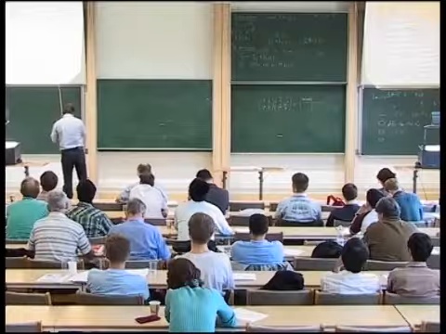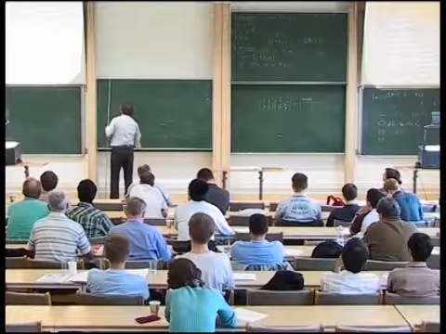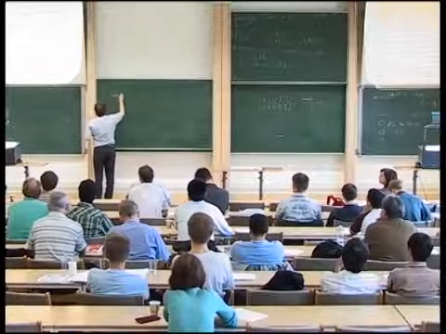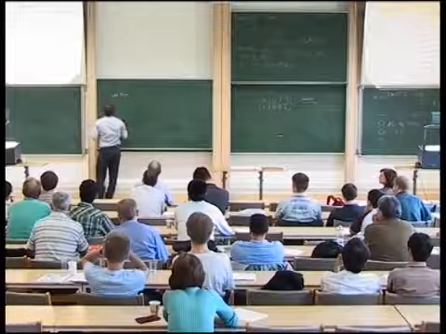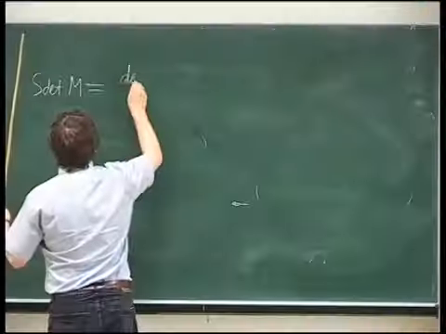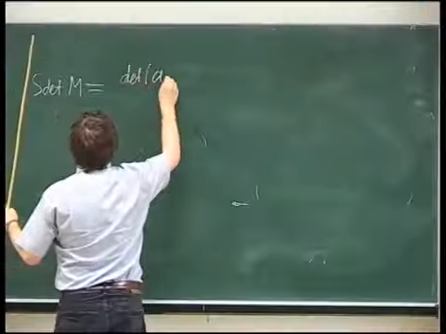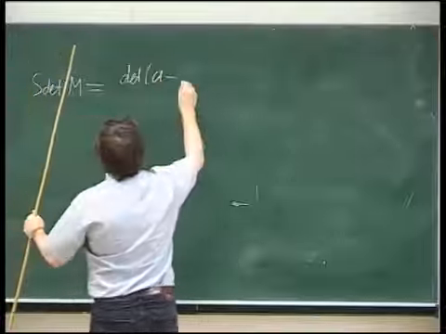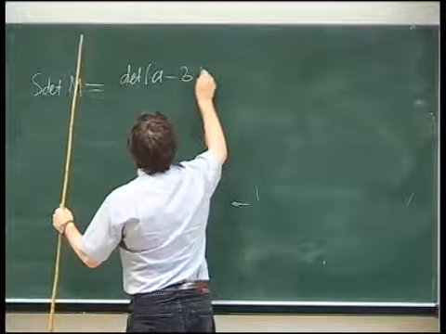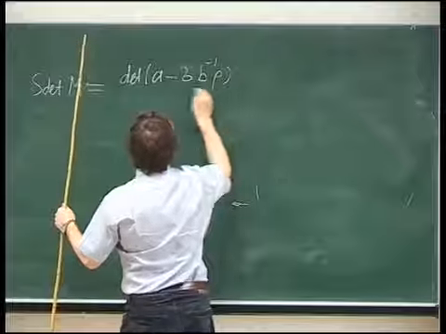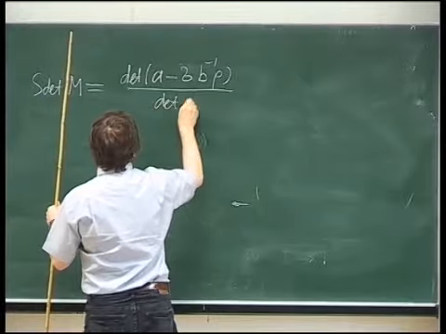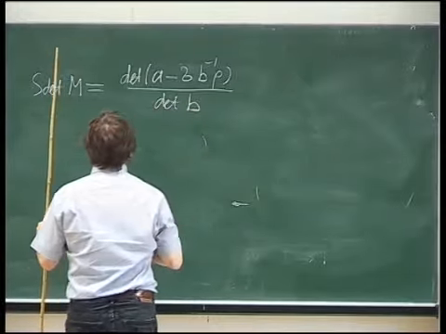I won't show you this example, but I just show you, for your information, that the superdeterminant of M, and this is also an exercise, can also be written as determinant of A minus sigma B inverse rho, divided by det B. This is the second formula.